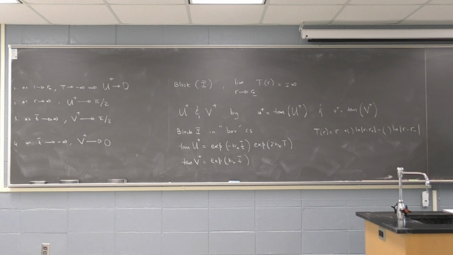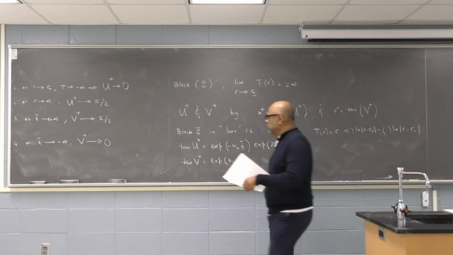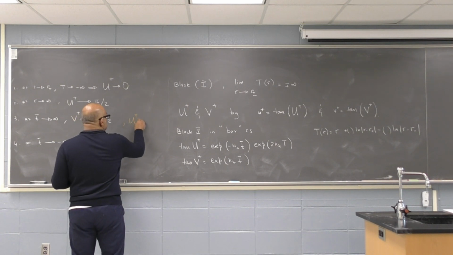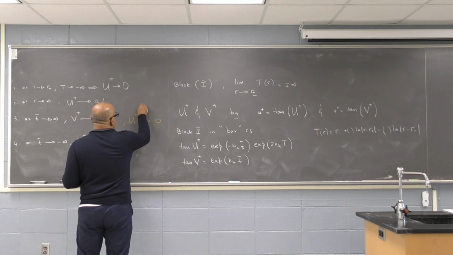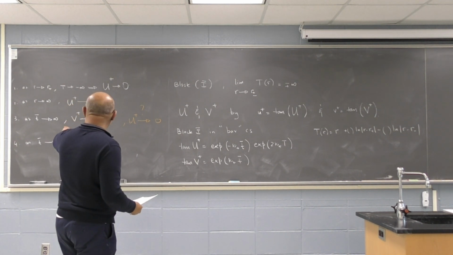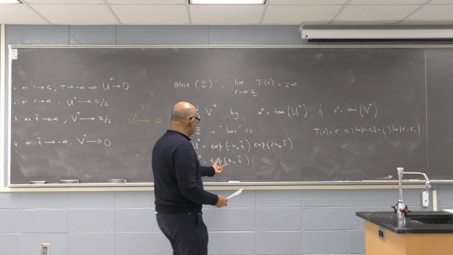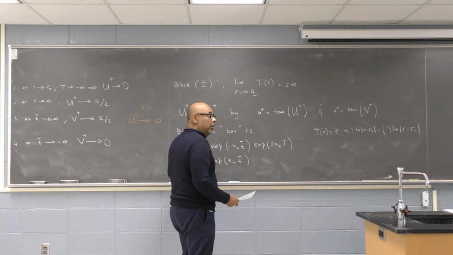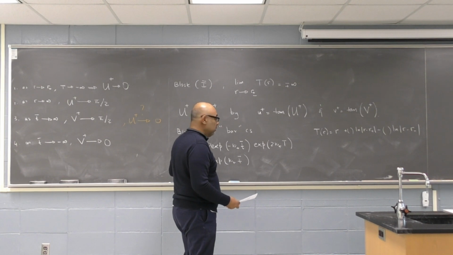And the answer is we can say this. Can you say u plus approaches 0? Because let's look at this. T bar approaches infinity. You might say that u plus should go to 0.